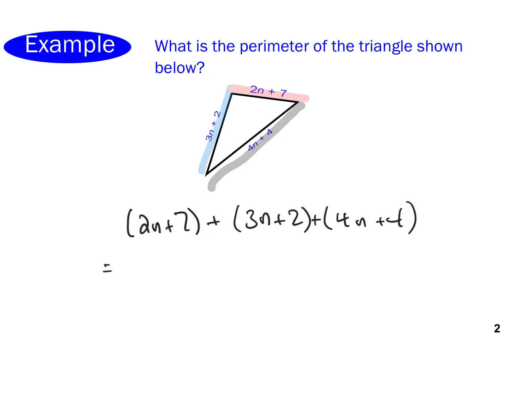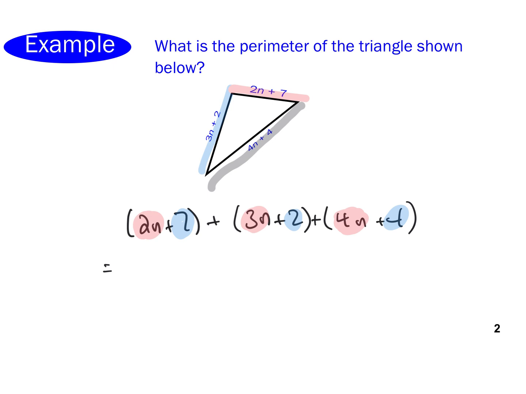Now, before we do that, let's think about what the like terms are. So let's talk about 2n. Where are the like terms for 2n? 3n and 4n. Where's the like terms for 7? 2 and 4. So in this question, there's only two types of terms. Terms with n and terms that are numbers by themselves.